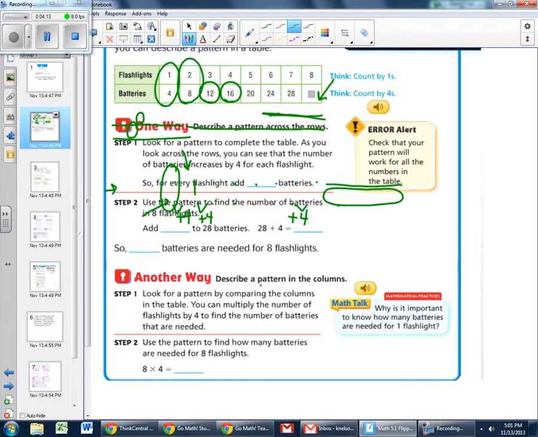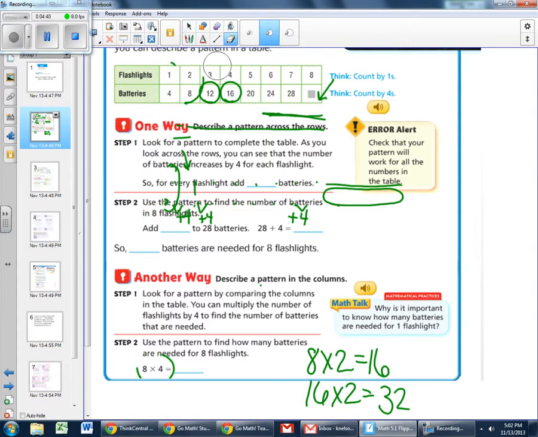So by using what you already know with those patterns, you should be able to do 8 times 4. Remember, when you do a times 4, you can double the double. So 8 times 2 equals 16, and then double your double, 16 times 2, which would again give you 32. Okay?